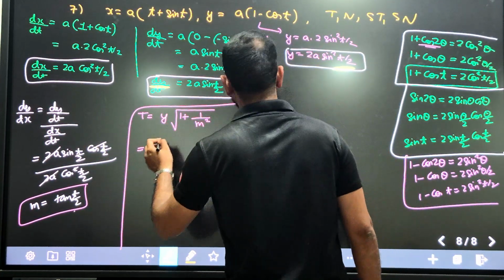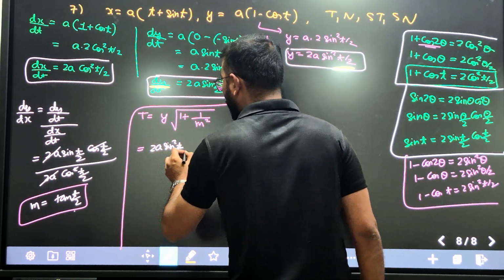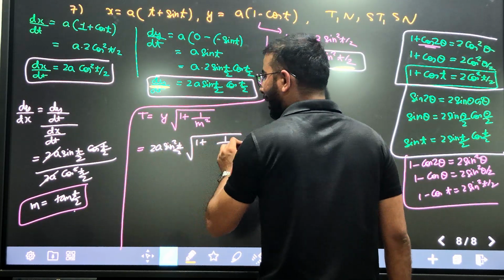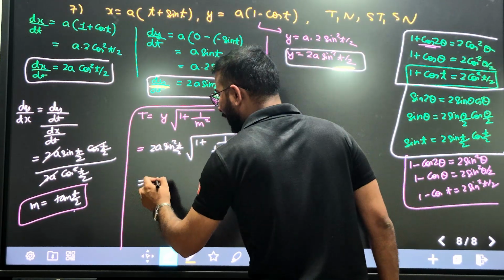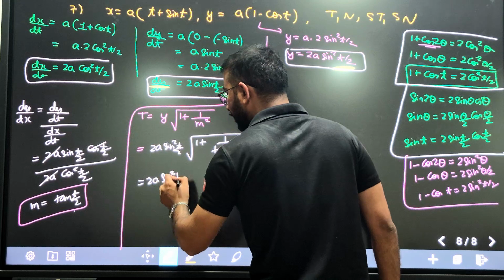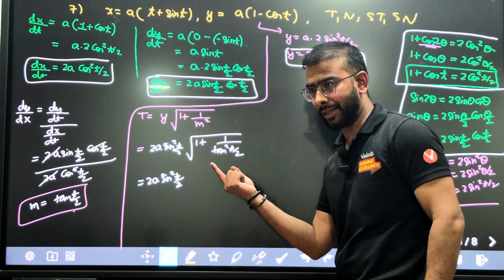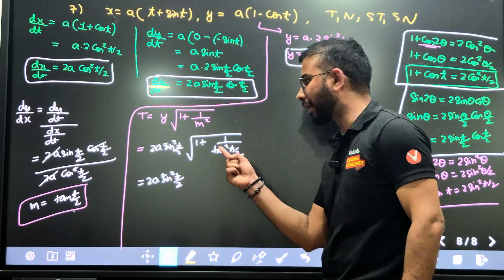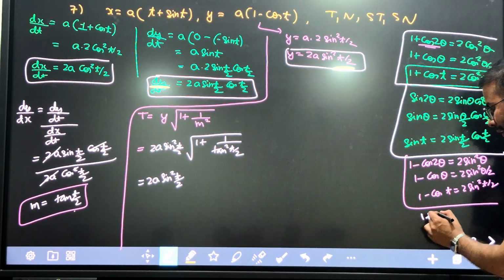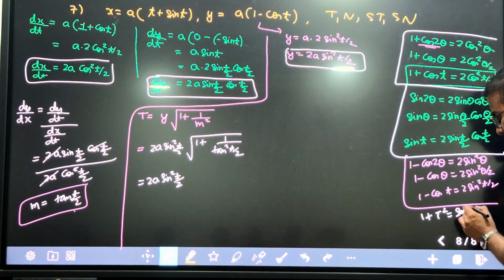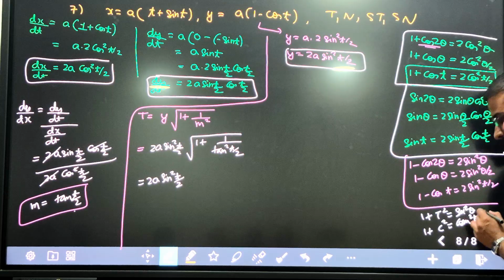Let's calculate the length of tangent. This is 2a sin square t by 2 into root 1 plus m square, where m is tan t by 2. So I'm writing directly, be with me. 1 by tan square theta is cot square theta. 1 plus tan square theta is secant square theta. 1 plus cot square theta is cosecant square theta.